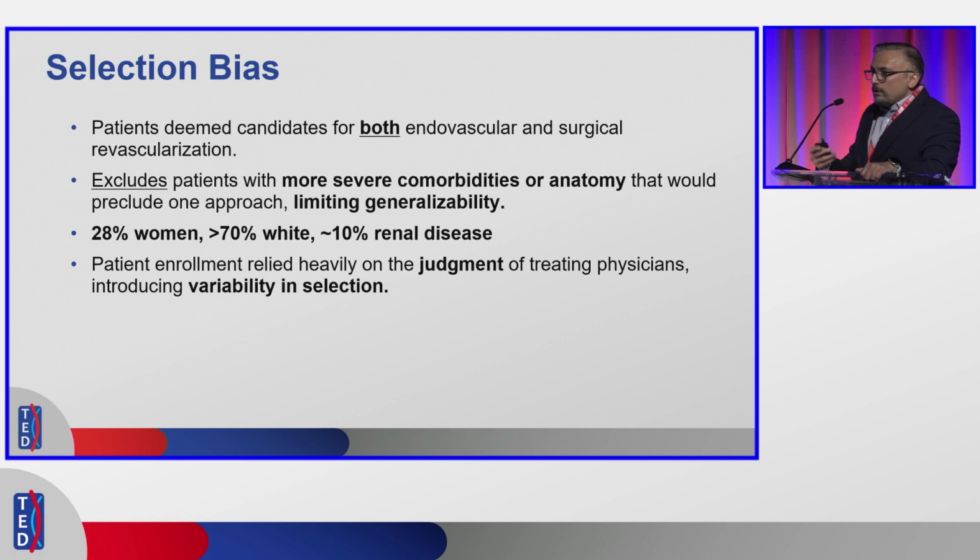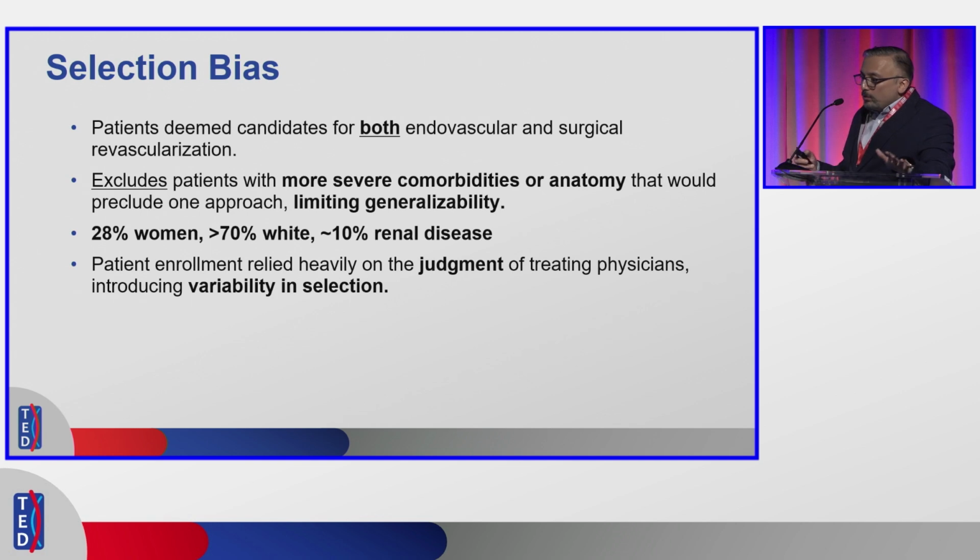So let's take a look at what I think they could have done better or they didn't do very well. They selected healthy patients. Patients who could get either a bypass or endovascular therapy. That is not the CLTI patient that walks into your office all the time.